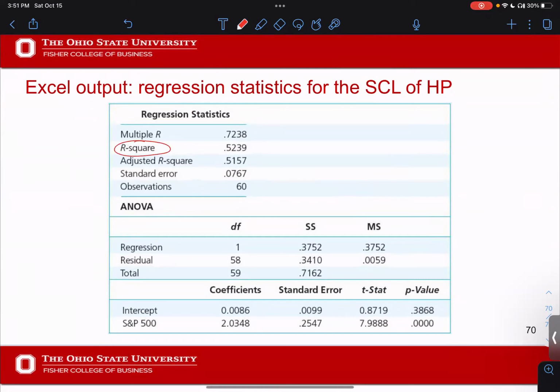So R square is very important. R square is very similar to what we learned about the risk decomposition.